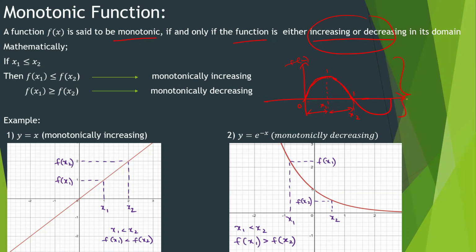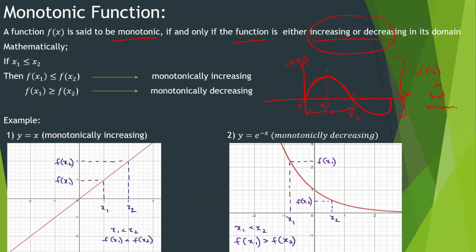So this function f of x is not monotonic. What I said is that if a function is monotonic, it is either increasing or decreasing. The function should be strictly increasing in its domain or strictly decreasing in its domain.